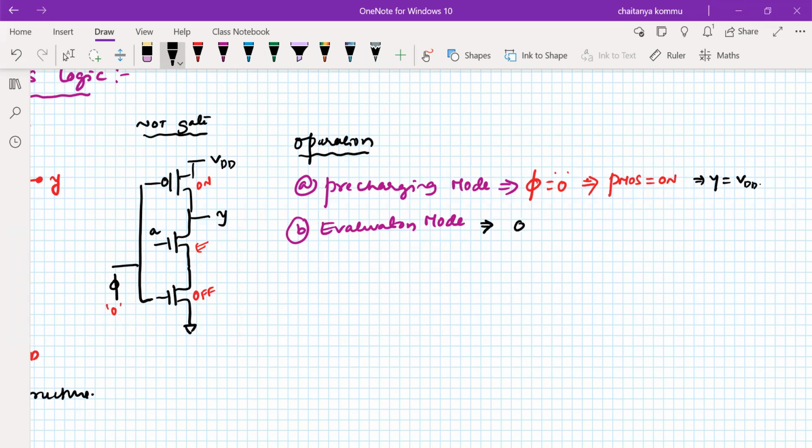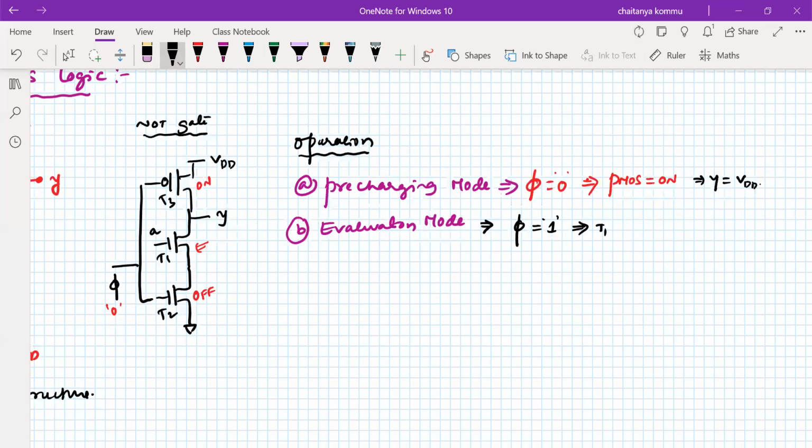So when phi is equal to logic 1, what is happening here? If phi is equal to 1, PMOS is off, but the A transistor is on, and the bottom transistor too. Let me call them T1, T2 and T3, for example. So T1 is on, T2 is also on, both are on.